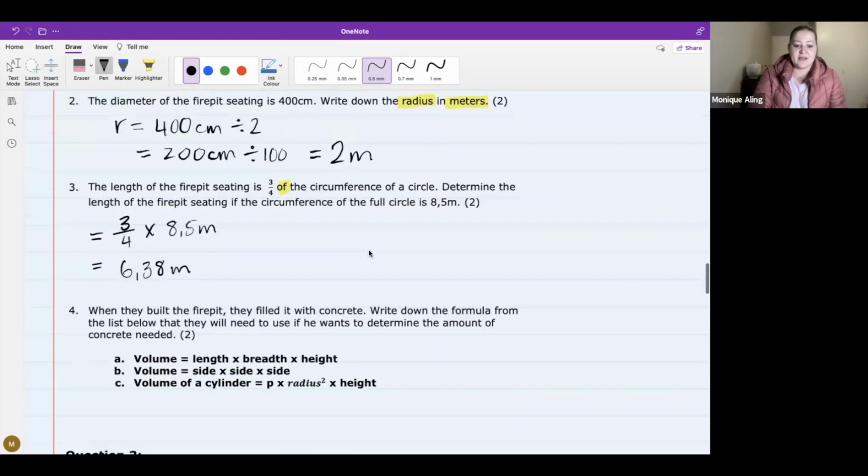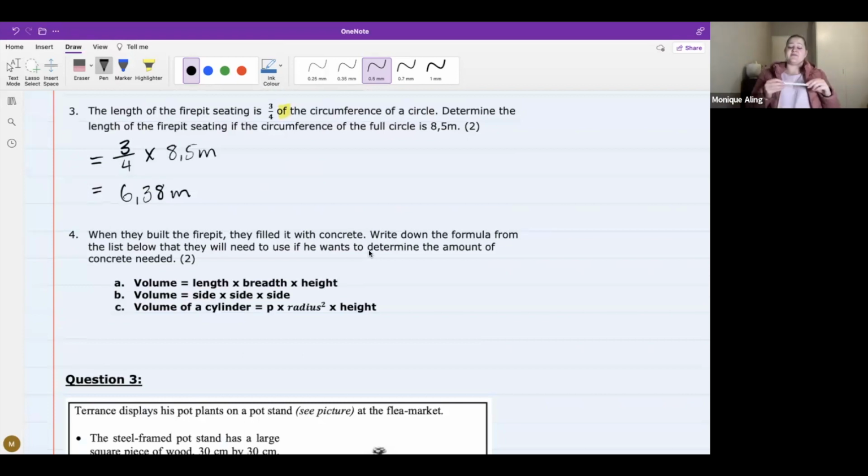Okay. Then another formula question. When they built the fire pits, they filled it with concrete. Write down the formula from the list below that they'll need to use if he wants to determine the amount of concrete needed. So remember, the concrete fills up the space inside the shape, so it is volume.